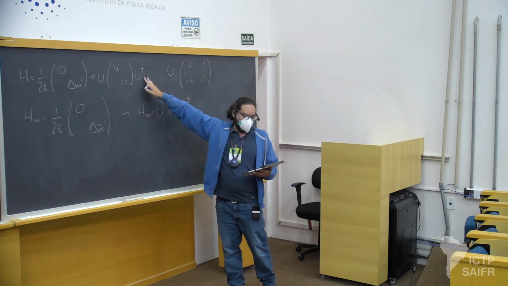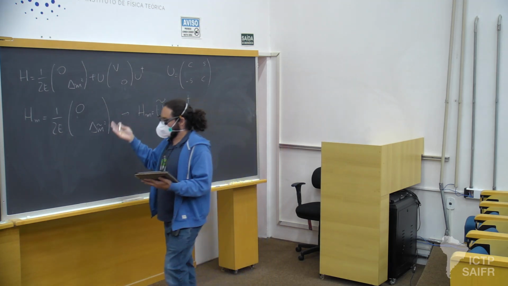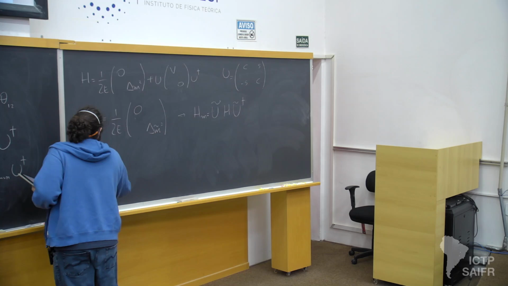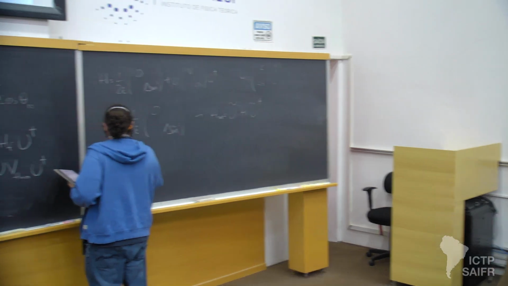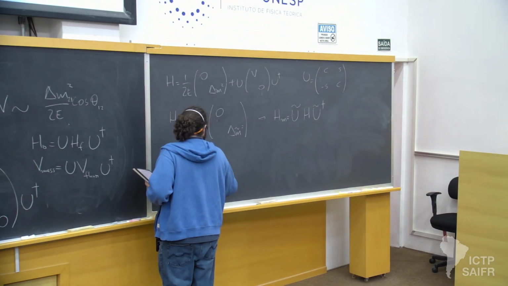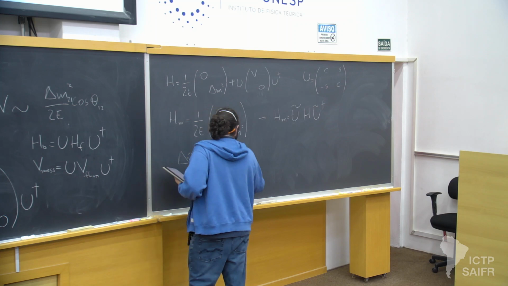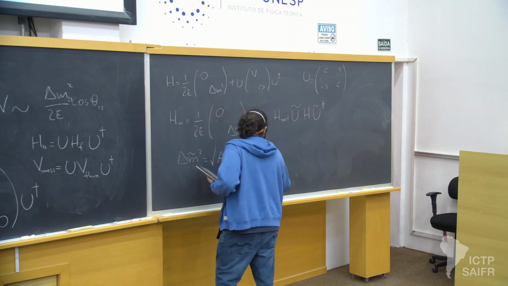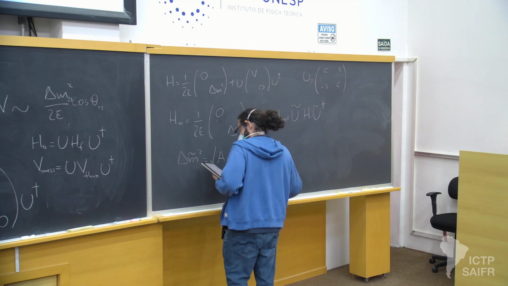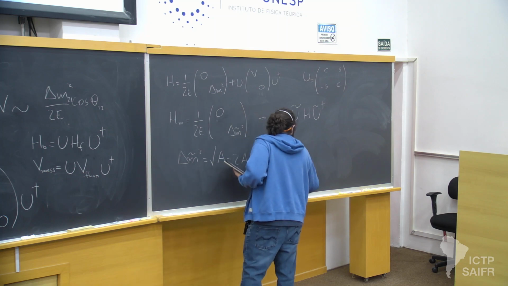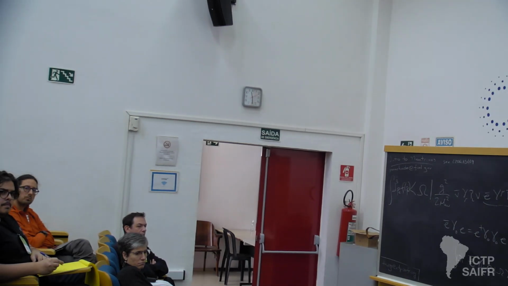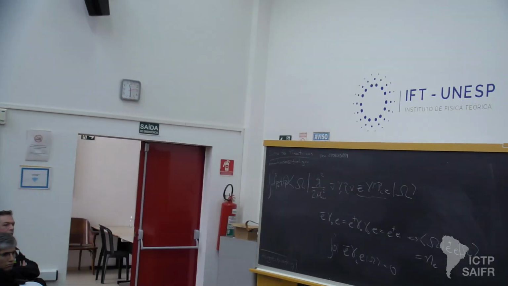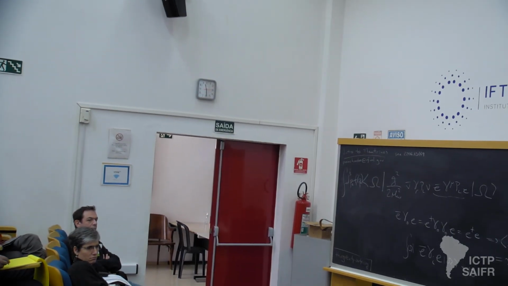So I'm just diagonalizing this, and you can show for 2 neutrinos that your mass splitting goes like the square root of A squared minus 2A cosine 2 theta delta m squared plus delta m squared squared, and I'll tell you what A is in a second, where A is 2 energy times the potential.